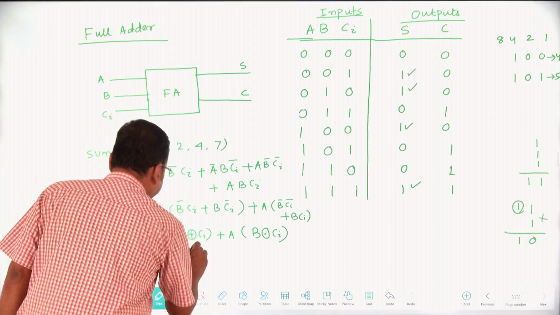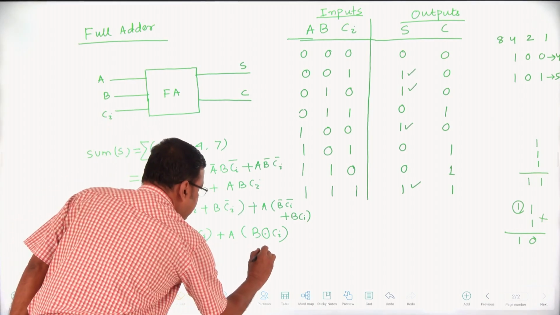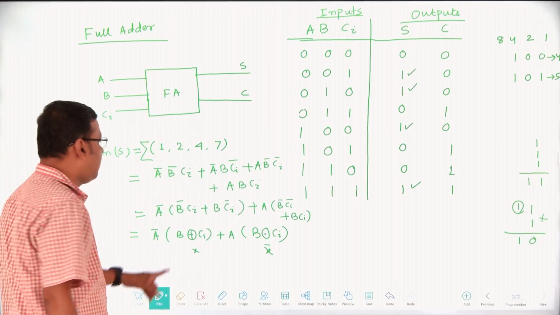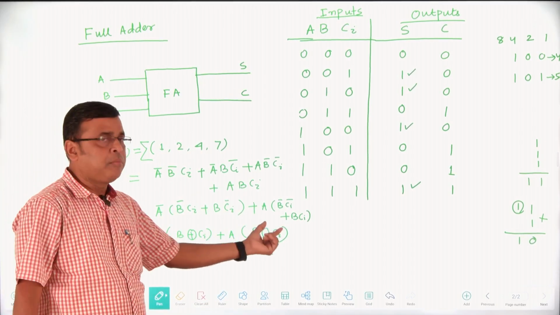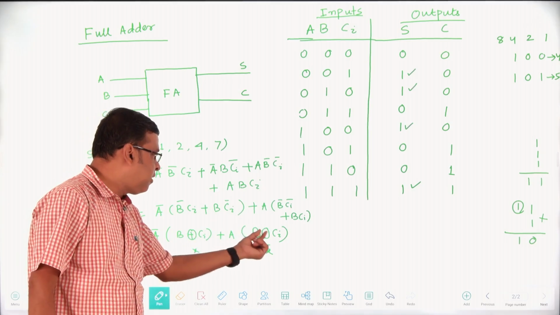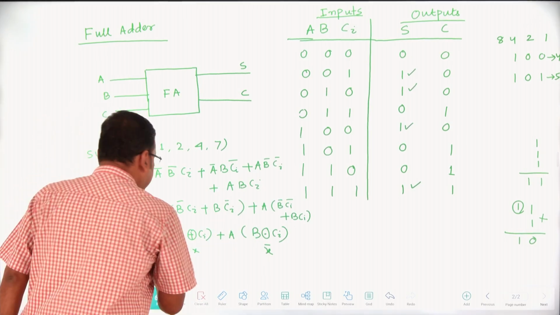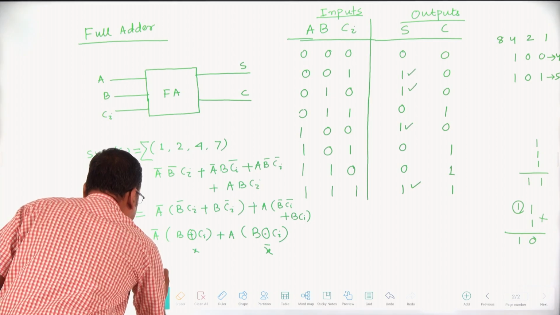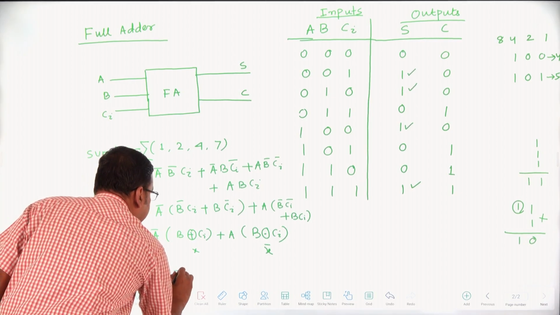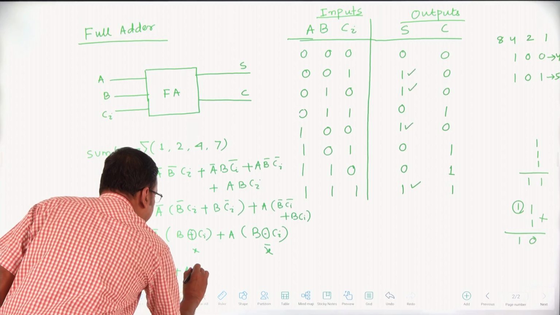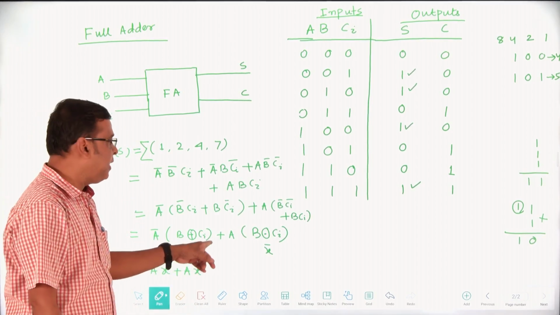If I say this is X, this is nothing but X bar, because the complement of XOR is XNOR. So I can write A bar X plus A X bar, where X is B XOR Ci.